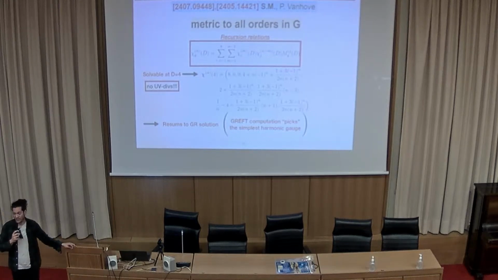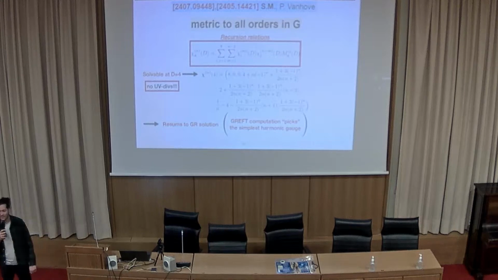And not only do you need all orders in G to do EMRIs, but it seems that SF performs very well even at relatively smaller mass ratios than expected in the beginning, if you symmetrize between the two masses, etc. So the all order in G is not irrelevant from a practical point of view, because for LISA and for EMRIs, we will have to use this setup. This is actually what is being used. And from the theoretical side, it's for fun, as you said.